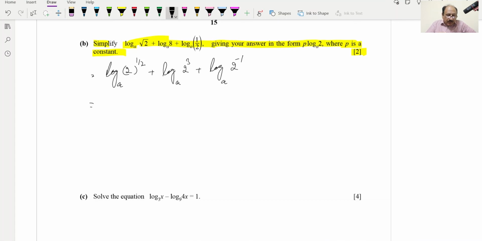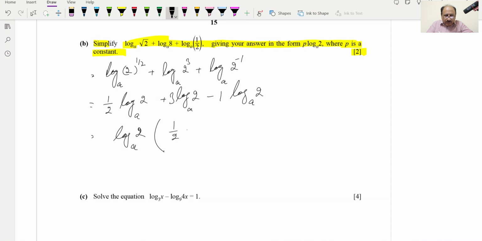Now we are using log rules basically, and the power will be pulled first, so it will be log with base a of 2 to the power 1 by 2, plus log a of 2 with 3 pulled first, and similarly we can pull -1 first, so it will be log a of 2. So next will be what? We can take log with base a of 2 common.